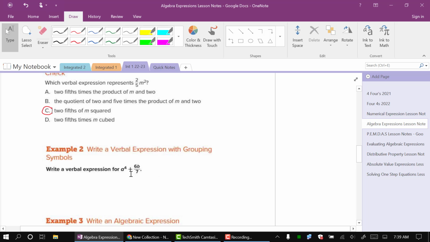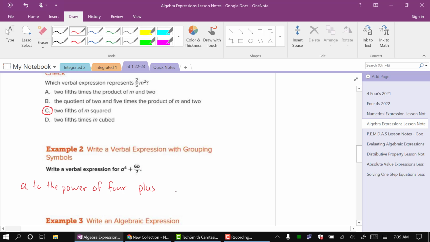So let's go ahead and take a look at example 2. So we have a^4 plus 6b over 7. If we want to translate this, this would be a to the power of 4 plus, okay, now we're going to get a little tricky.